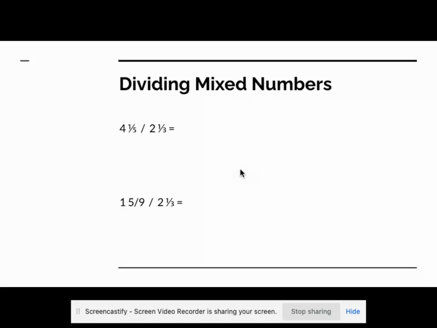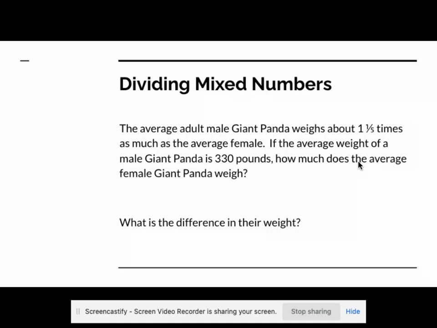And lastly, a story problem. The average adult male giant panda weighs about 1.5 times as much as the average female. If the average weight of a male giant panda is 330 pounds, how much does the average female giant panda weigh? Well, I'm going to have to take this 330 and then divide by 1 1/5.